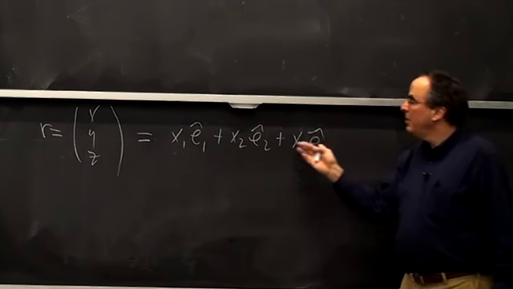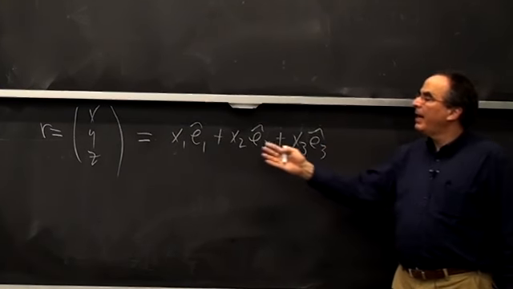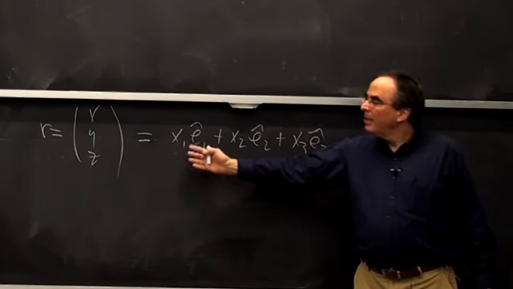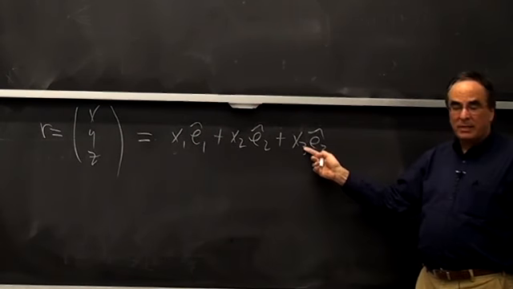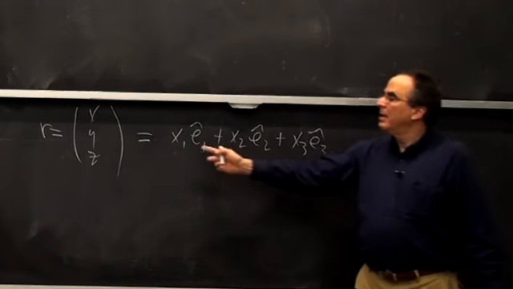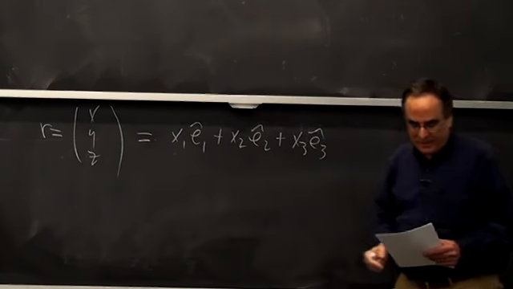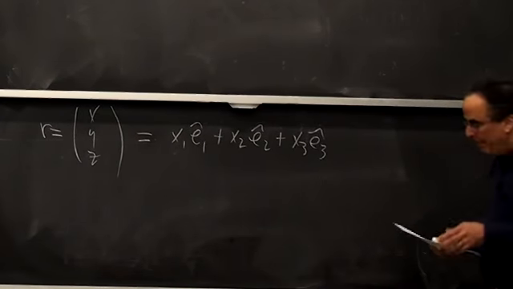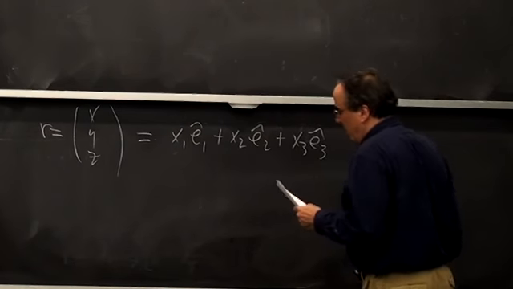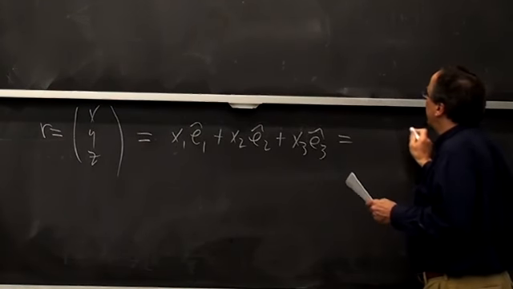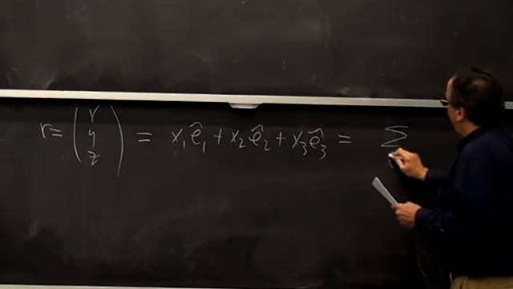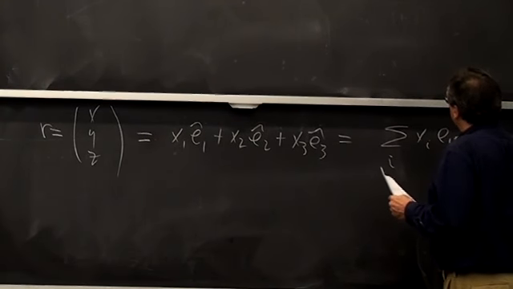So e1, e2, and e3 define an axis system. And x1, x2, and x3 are the coordinates in that axis system. And so we could write this as the sum over i of xi, ei hat.